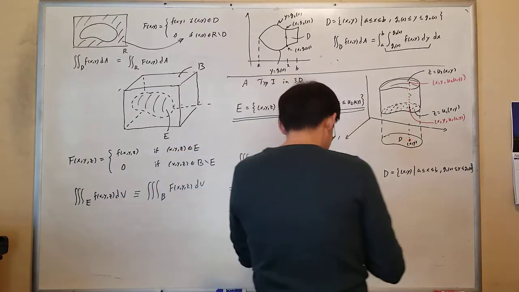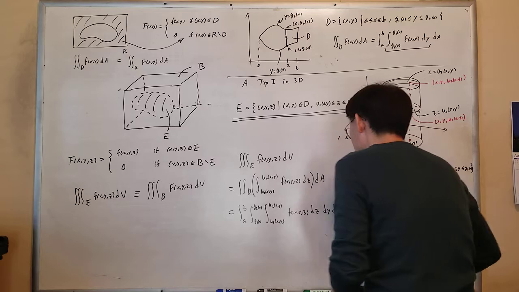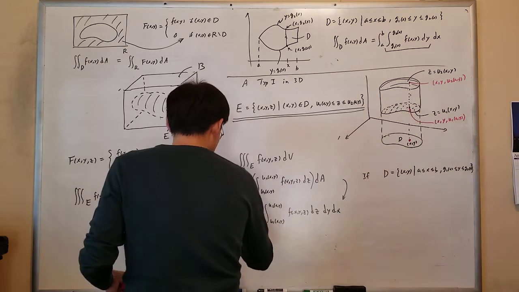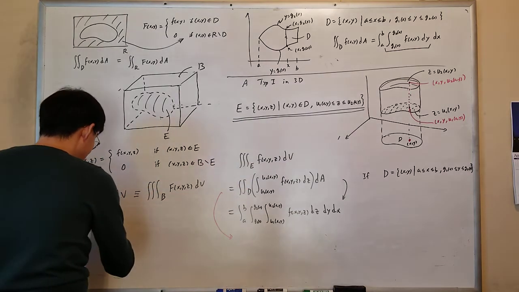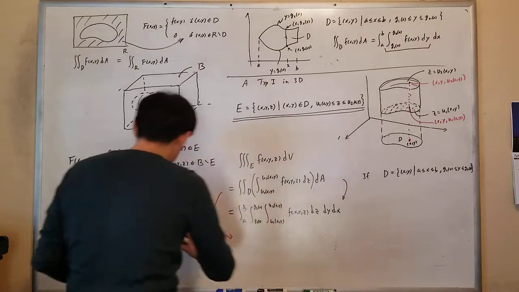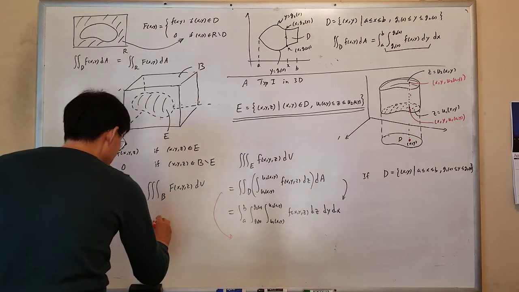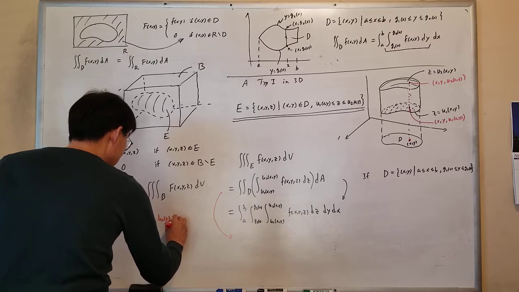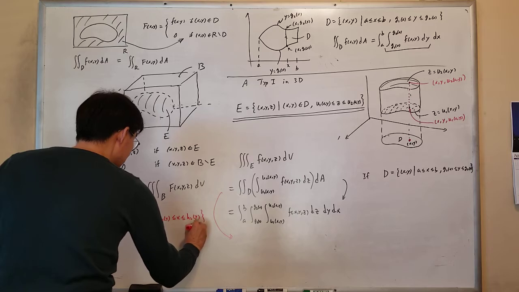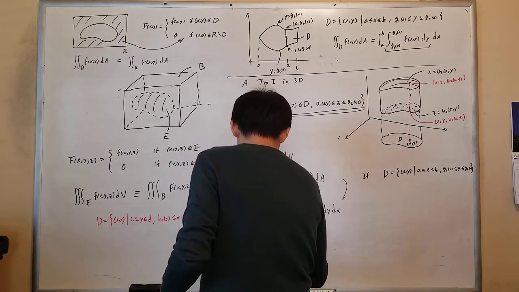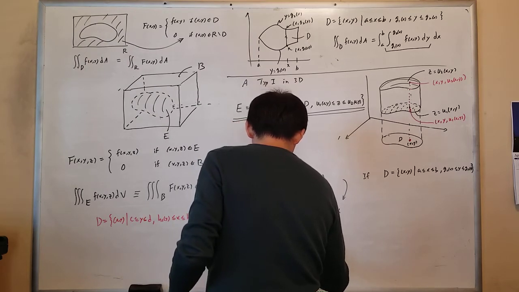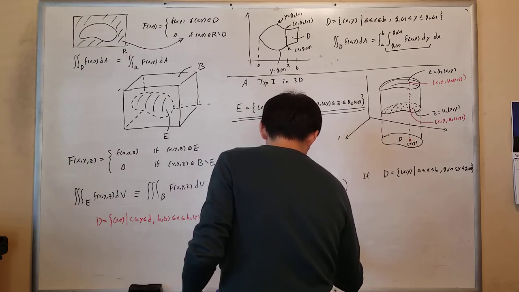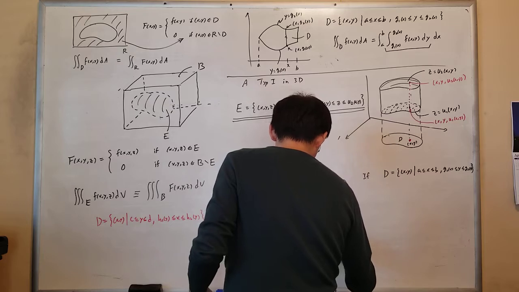Okay? Now, if D is, for example, type 2 in the two-dimensional way, that means if D is y from c to d, type 2 in the xy plane, and h1 of y to h2 of y, if that is the case, then this will be written as c to d, h1 of y to h2 of y, dx dy.